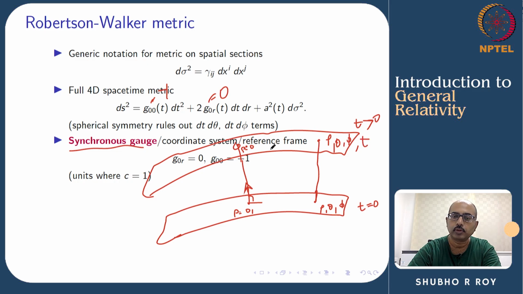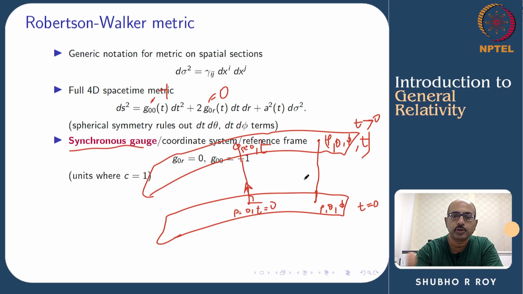So this is rho equal to 0, theta phi is of course not defined at the origin, so I'm not writing them. This point is rho equal to 0 and t equals 0. And the point where the normal meets, we will call that rho equal to 0, but t non-zero. Similarly, rho theta phi and t equal to 0. If you take the normal, wherever it intersects, we will call that point rho theta phi, comma, t. Okay, those are the coordinates of this point.